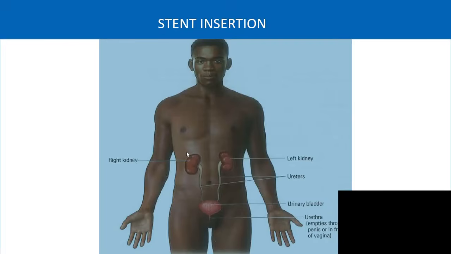Through the percutaneous approach, no cystoscope is inserted. Directly, he goes to the kidney, creates an incision and inserts the lithotripsy machine to crush the kidney stones. That approach we call percutaneous ureteroscopic lithotripsy.